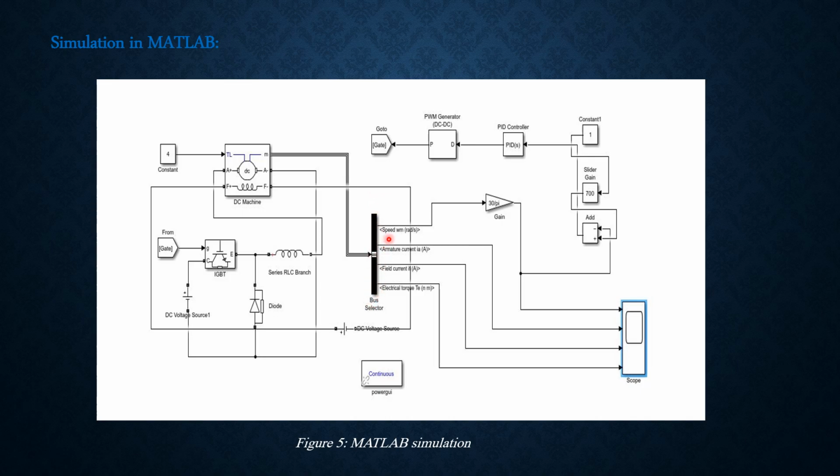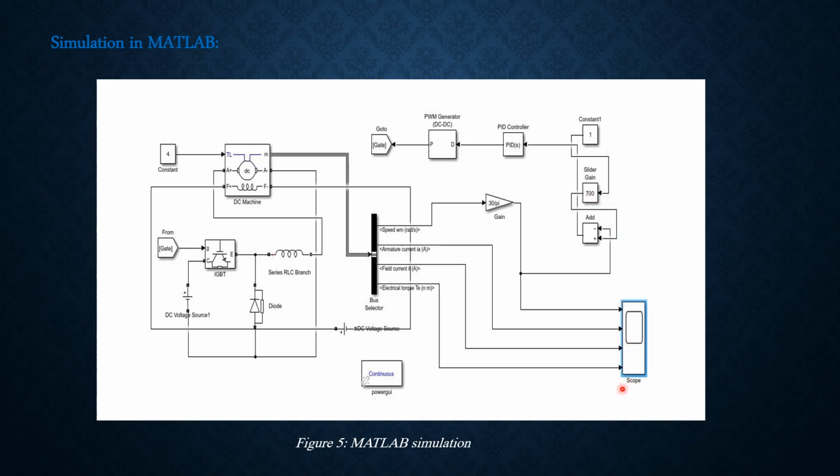And then it comes to the PID controller, the speed control system, and then we have a slider gain which references the input, and we can change it to get our desired results from the simulations.